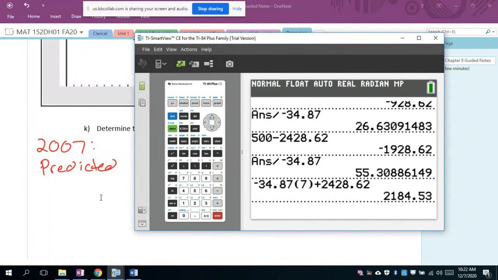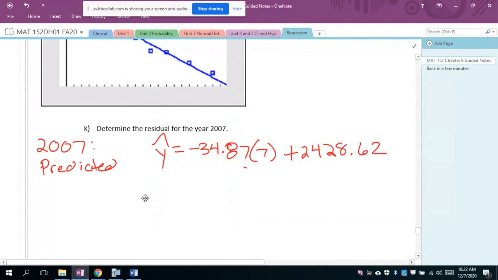And we'll round that to the nearest number, 2185. So that's the predicted number of students, 2185.